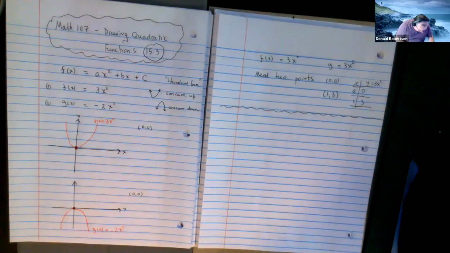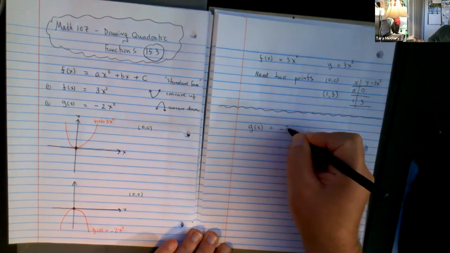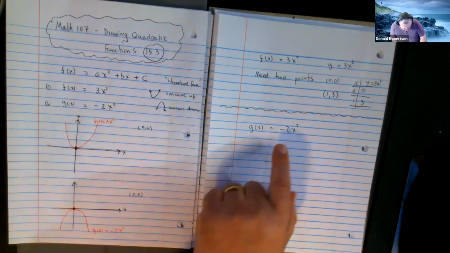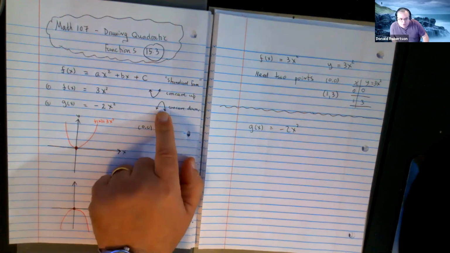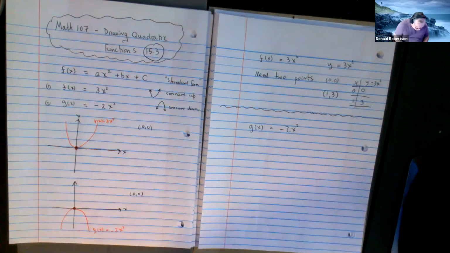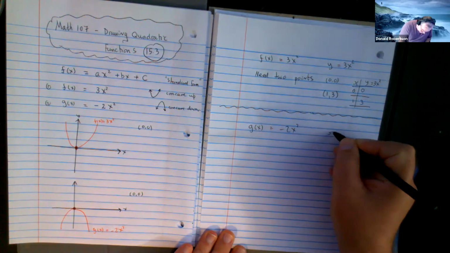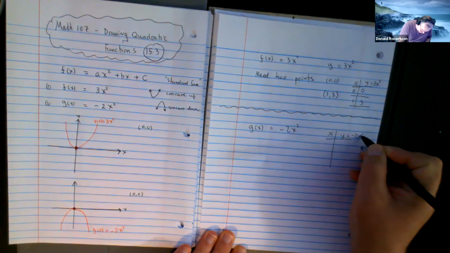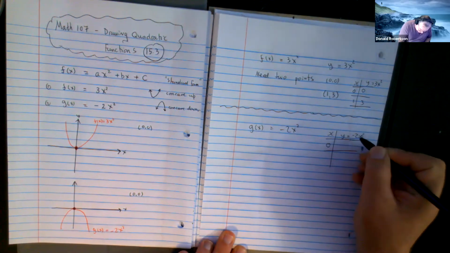Now, the second one is negative 2x squared. We know it's going to have that shape because any quadratic that has a negative number next to the x squared is always going to be concave down. It's always going to be a sad, a frown, a sad face. Now, I'll set up my little table. If x is 0, won't y just be negative 2 times nothing squared, which is 0?